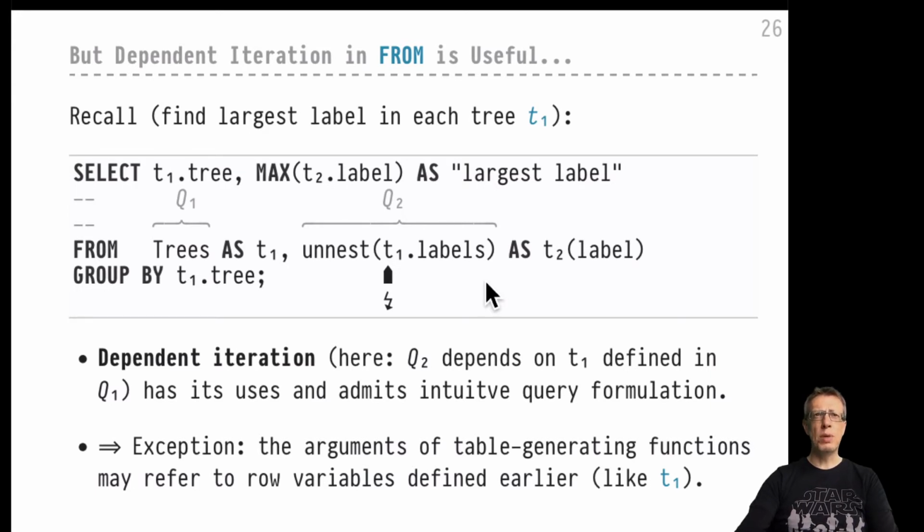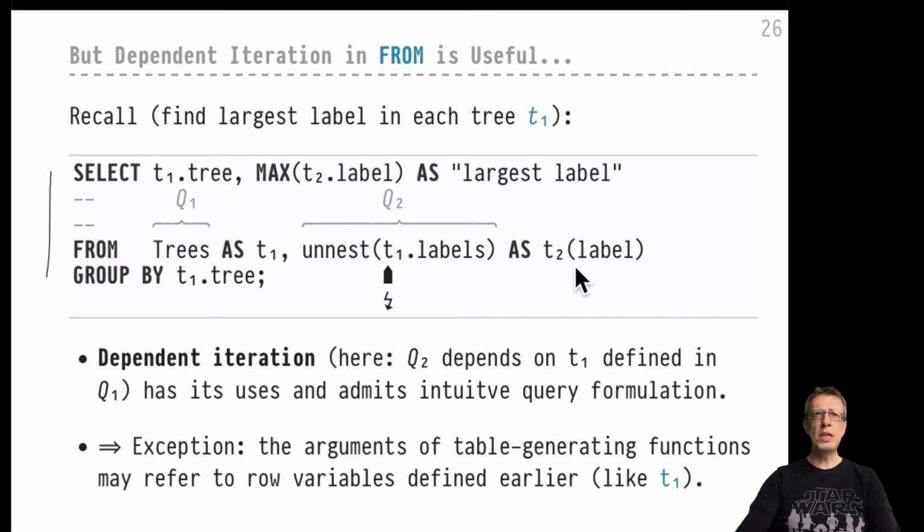When we had such dependent iteration, it always looked like this until now. This would be one of the queries over the array encoded trees that we've considered when we were talking about arrays. And if you look at this from clause closely, it uses dependent iteration.